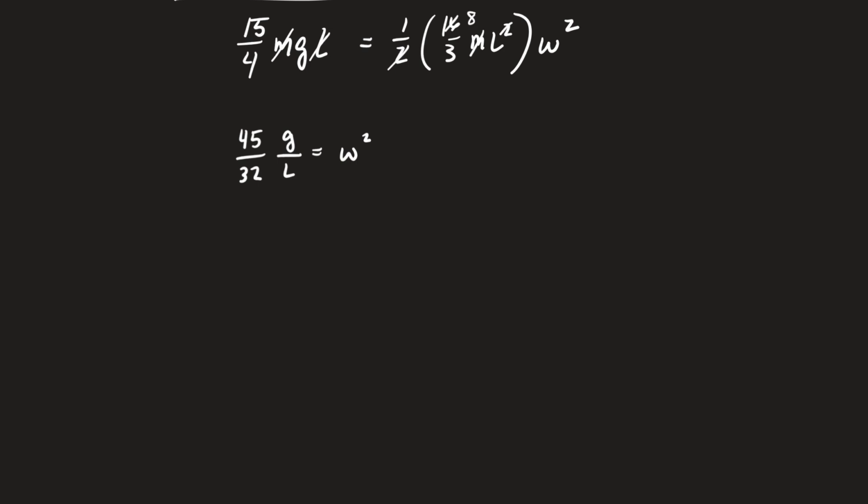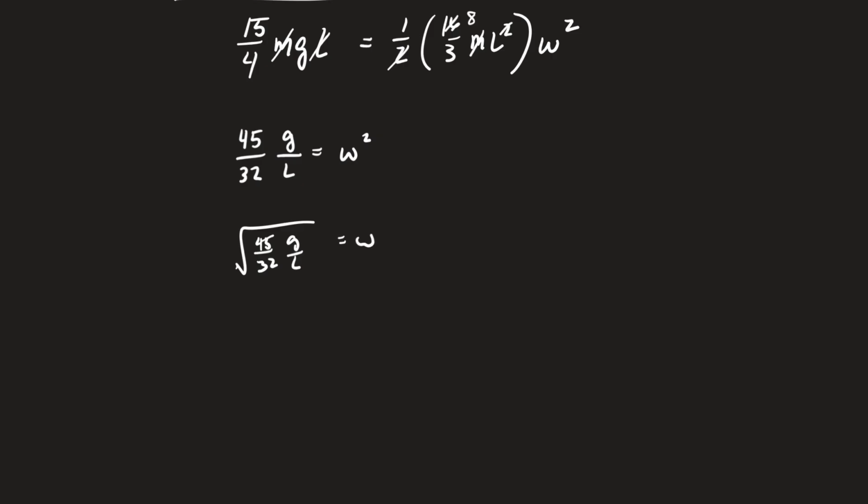Does this make any sense? Yeah, because it's nothings per second squared. I'm about to take the square root of that, so that'll be nothings per second. That's velocity. So the square root of this, 45/32 g over L, equals omega.